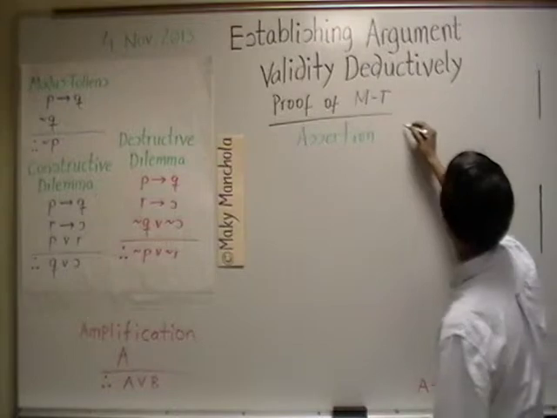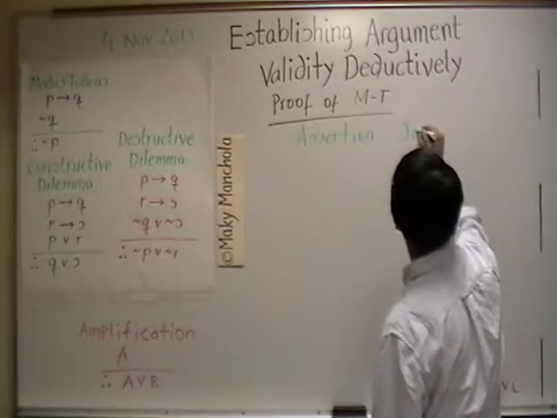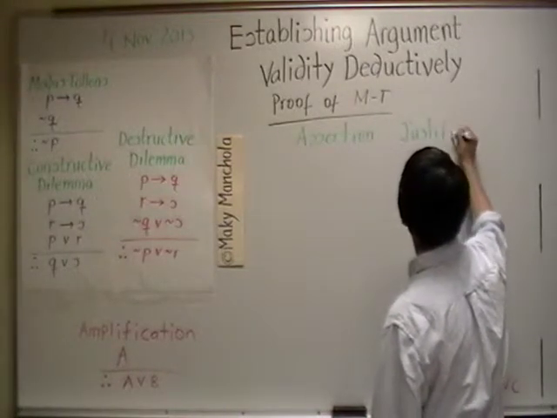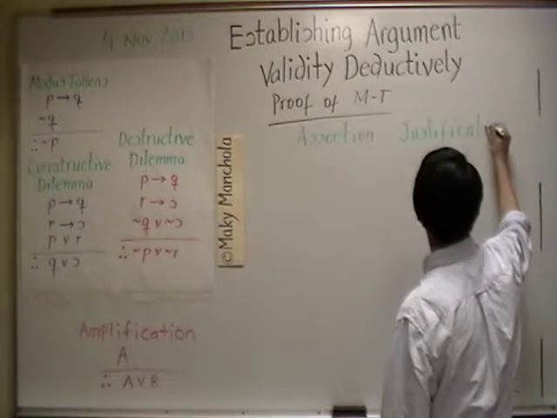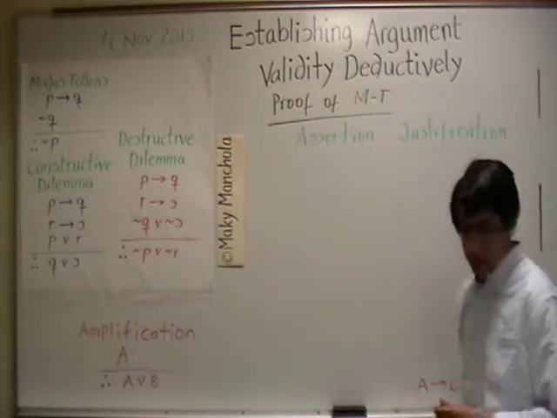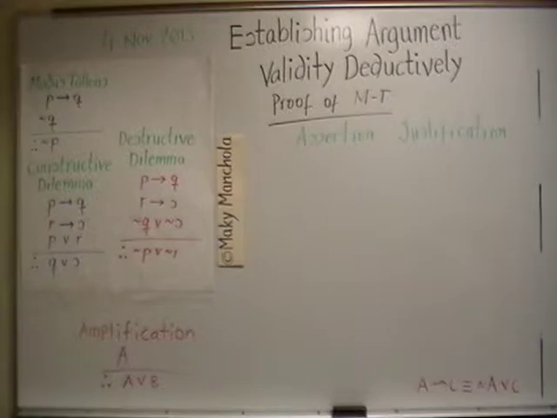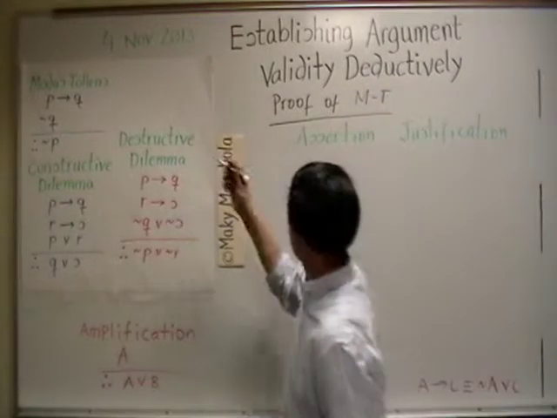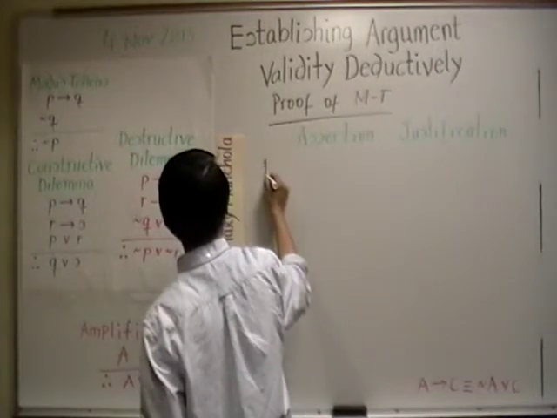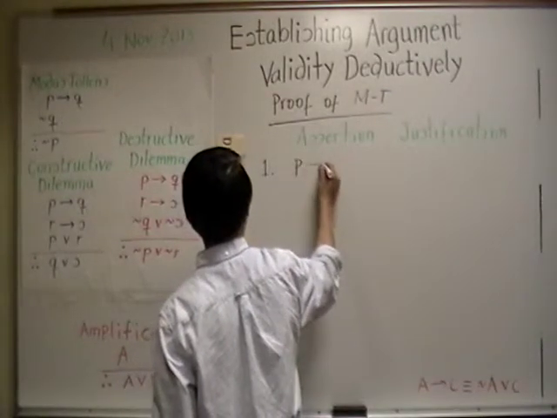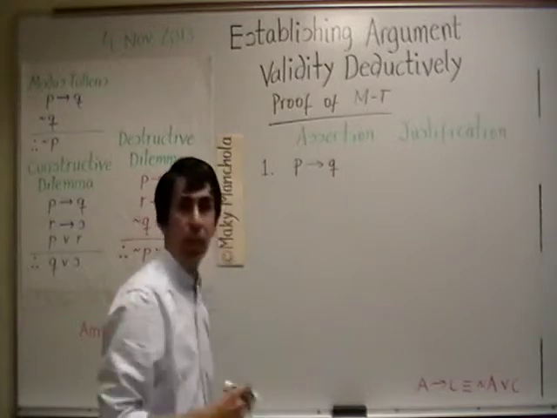In another column, we provide justification. So let's begin. What can we assert in modus tollens? Well, we can assert P implies Q. Why can we assert that? That is a premise that is given.